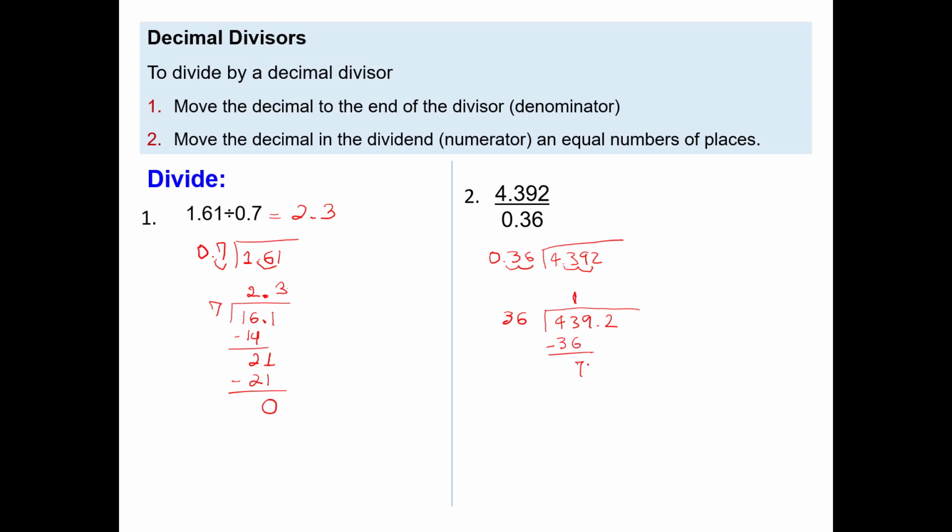Bring the 9 down. How many 36s are in 79? 2 times, yes, 2 times 36 is 72. And we have here 7. Now we have the decimal point in the dividend, so we have to place it in the quotient also.